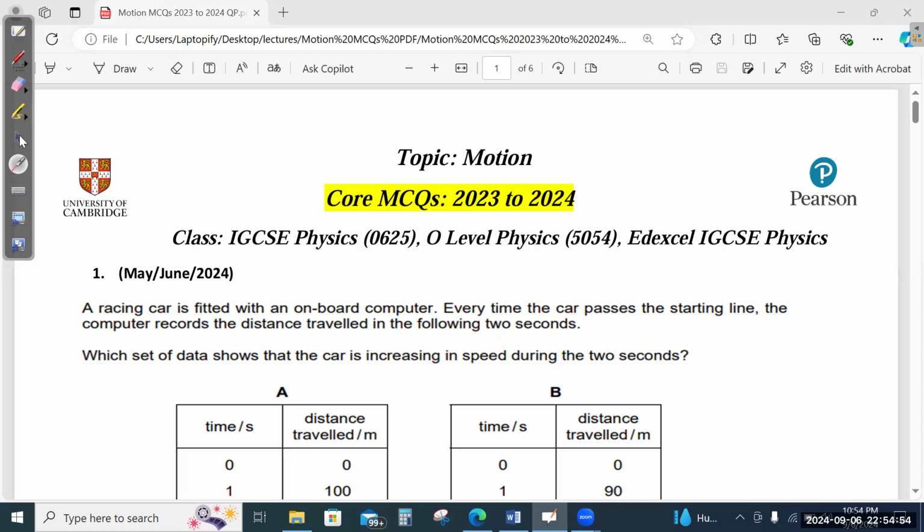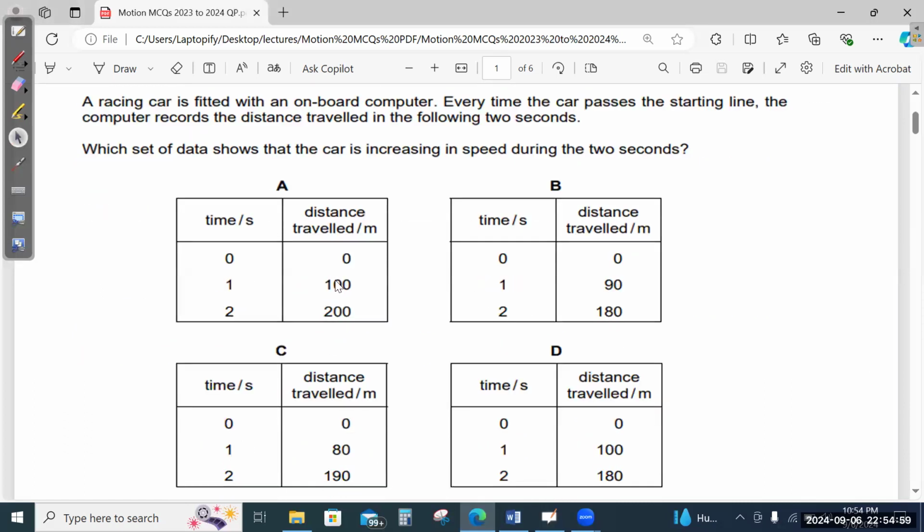So in that case, you have to remember, you have to find the interval in which the body covers maximum distance. If you look at the first option, this is 0, which means the body is at rest, and the race has not started.